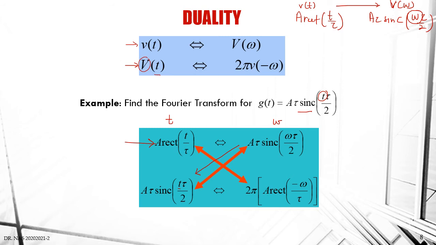And then on the right hand side, what is the Fourier transform? You need to switch this one into this location, so multiply with 2 pi. Just copy the rectangular equation. Remember this side is for omega, so it is omega over tau, but given a negative sign.